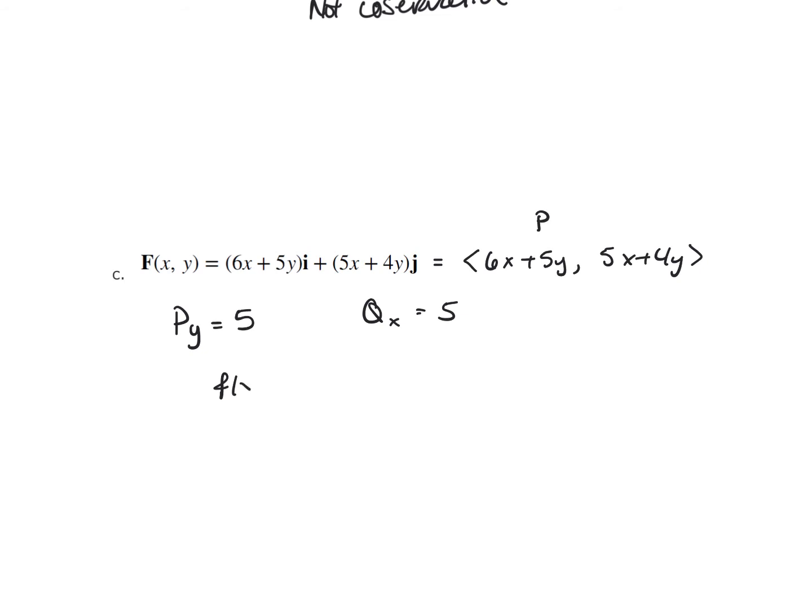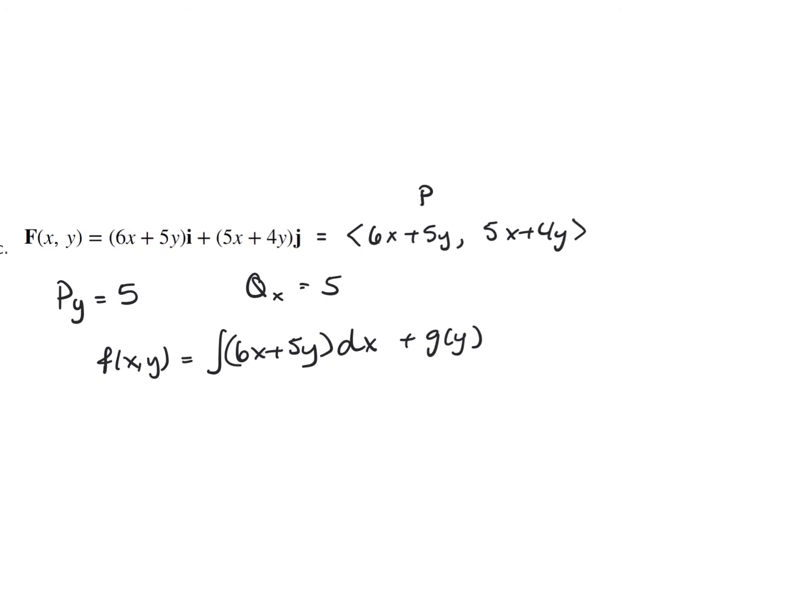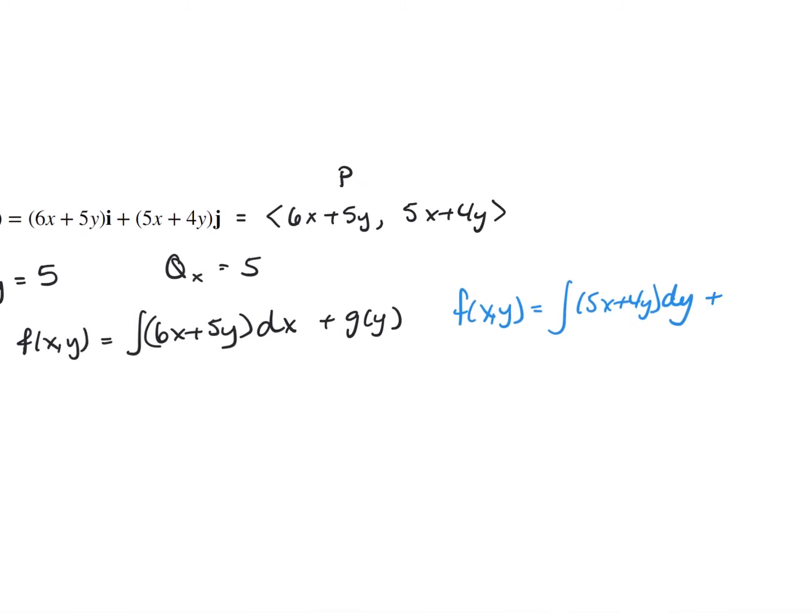So f of xy must be equal to the integration of p, which is 6x plus 5y, with respect to x, plus g of y. Simultaneously, f of xy is equal to the integration of 5x plus 4y dy plus h of x.